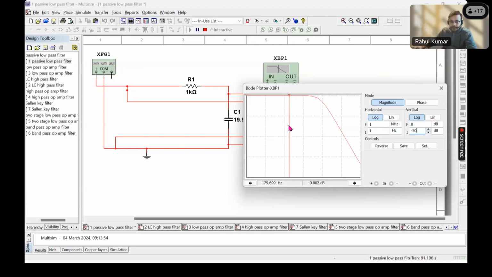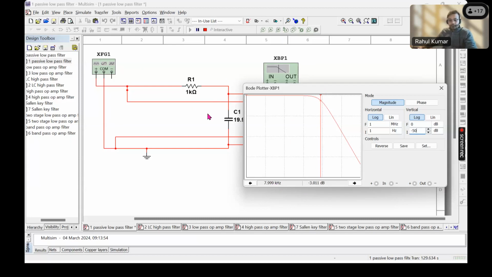So since this is 0, we will go down to minus 3. I'm looking at this number. So minus 3 would be somewhere here, and the frequency is 7.99 or 8 kilohertz approximately. So that's my cutoff frequency for this filter.